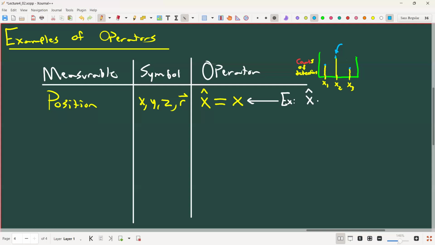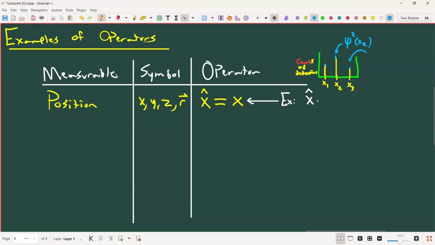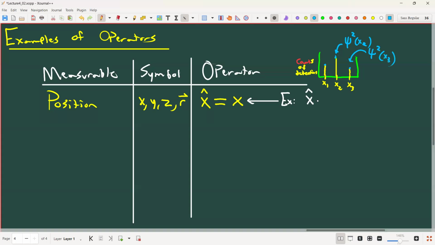So the Y value of this is the square of the wave function at that position. And this would be the square of the wave function evaluated at this position. We saw last class that the square of the wave function tells you about the probability.